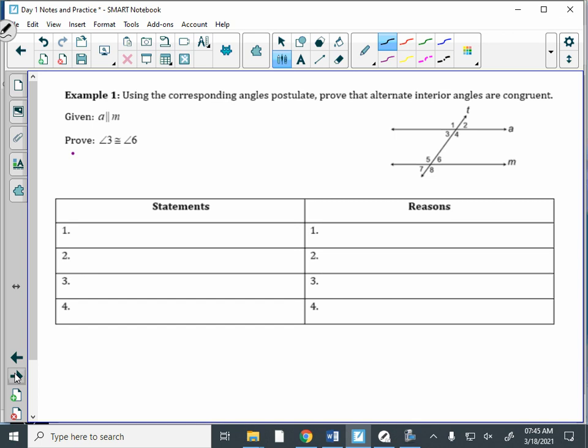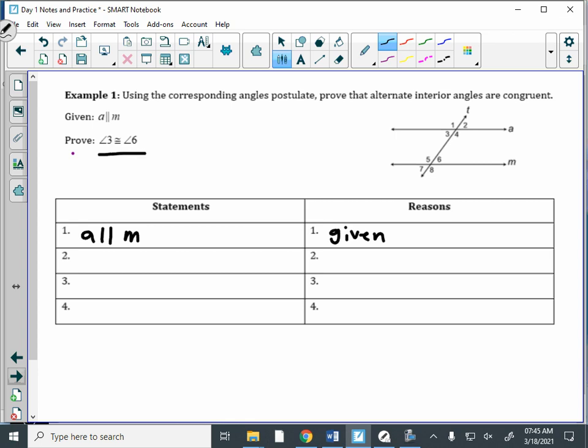So we said our given goes first. So we're given that A is parallel to M. So that's going to go in this first statement. And it's really nice. Here's another freebie. Your first reason with that is just given. Every time. First thing. We said the last statement is what you're trying to prove.